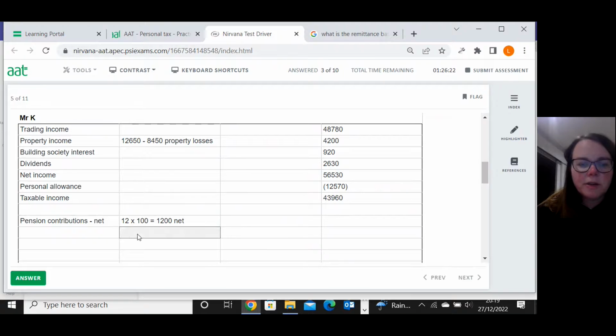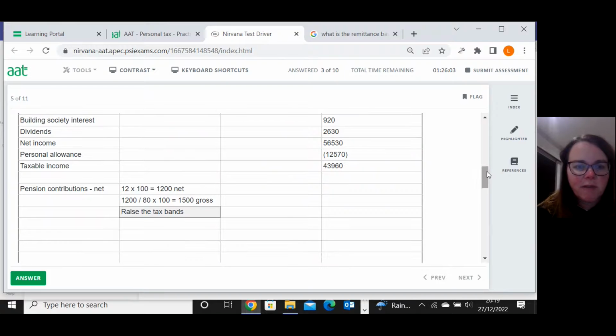So if we do 1,200 divide by 80 and times 100, then that gives us the gross, which is 1,500 gross, which will raise the tax bands. You can kind of do this however you want, but just making it clear to the examiner.